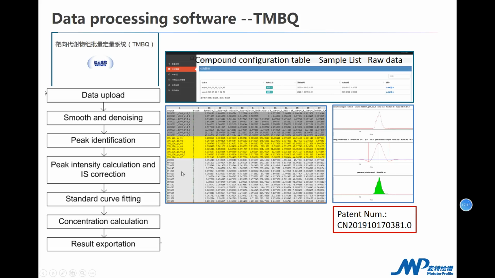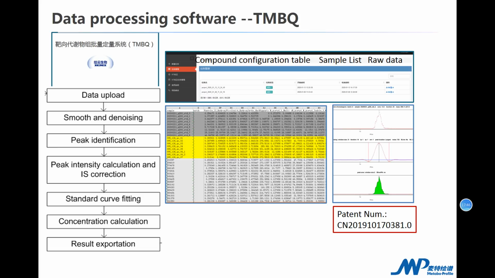This is the main results exported. We provide all the results, including concentrations and chromatography spectrum of each metabolite in every sample. We also provide all standard curves of every metabolite.